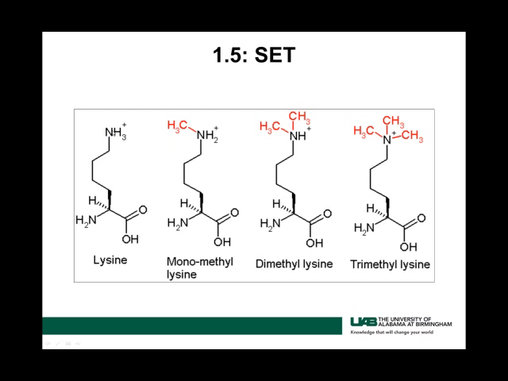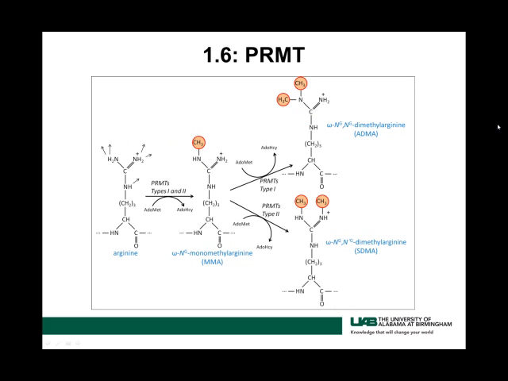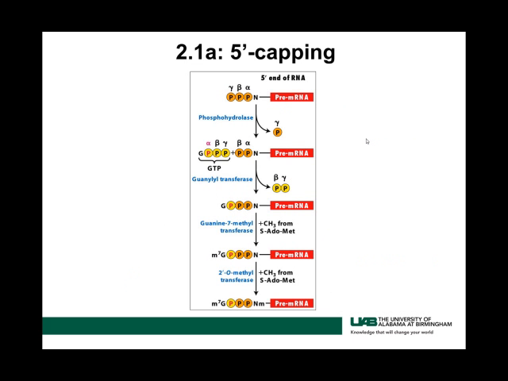So again, on the epsilon group of lysine, it could be non-methylated, mono, di, or trimethylated. Arginine, it could be non-methylated, monomethylated, or dimethylated in two different positions right here. But methylation, again, on these amino acids occurs on the R group.